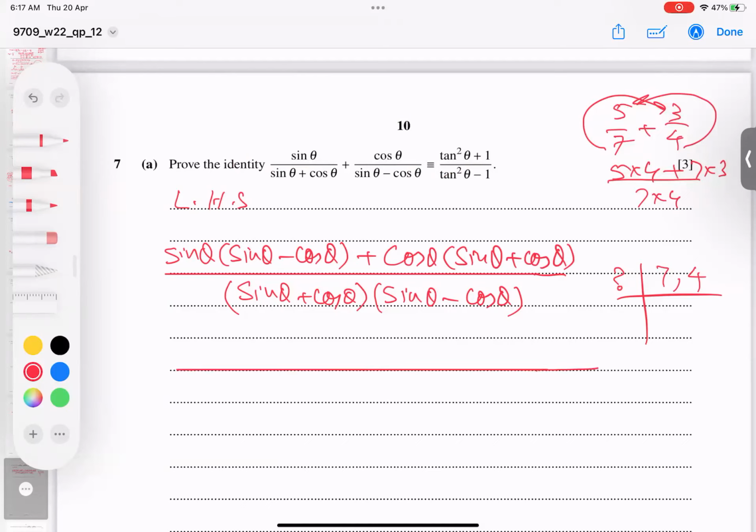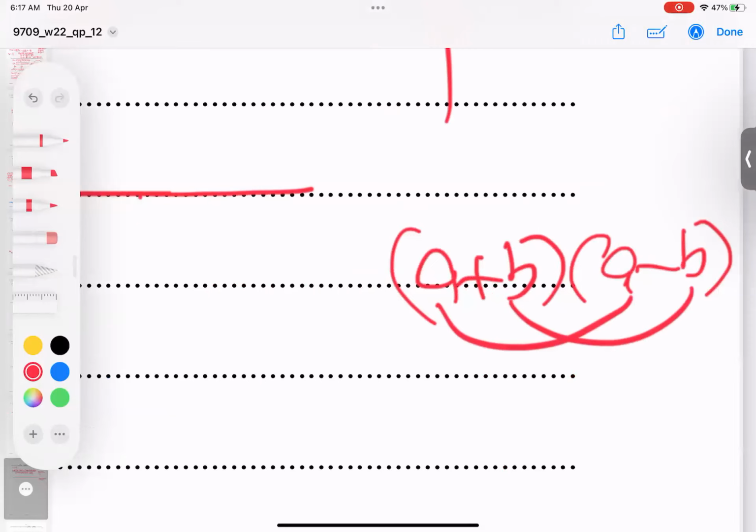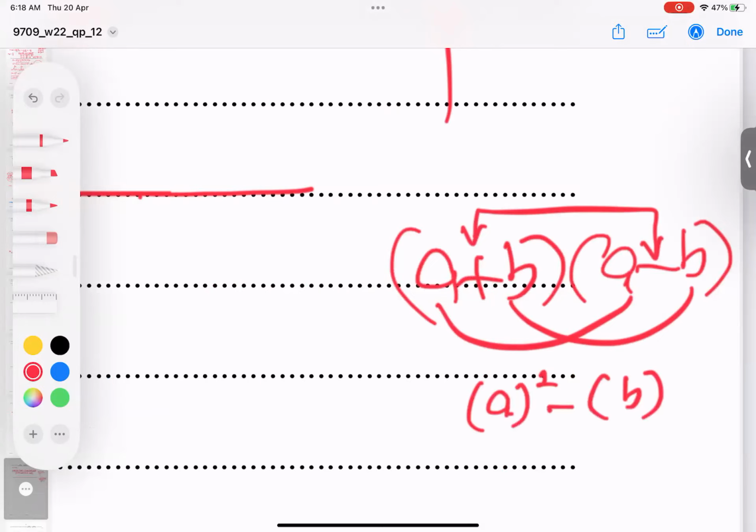If you look carefully, the denominator is a plus b times a minus b. When first terms match, second terms match, signs are always opposite. So we can say square of a and square of b, but with a negative sign in the middle.